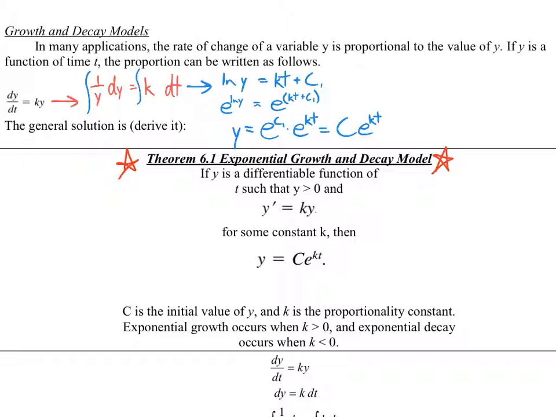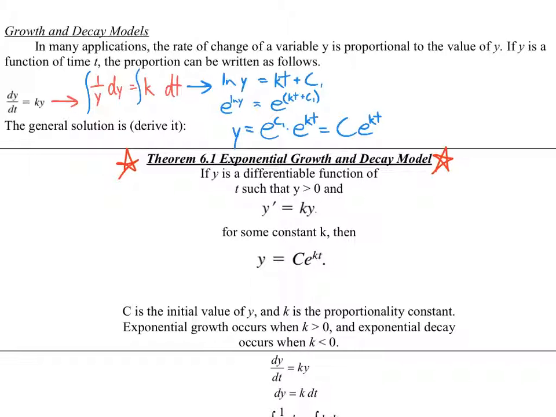If you remember PERT, P times e to the rt, your principal was your starting amount. The r was the rate of growth or rate of interest. Here's a more general form, where k is your rate of growth and c is your starting amount.